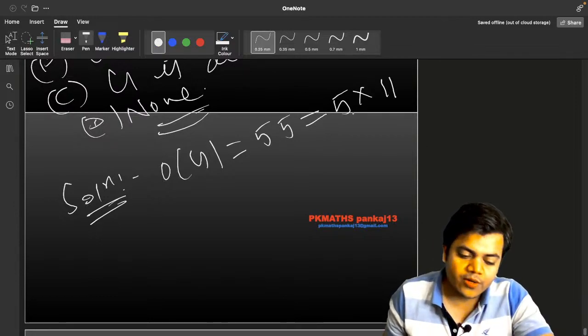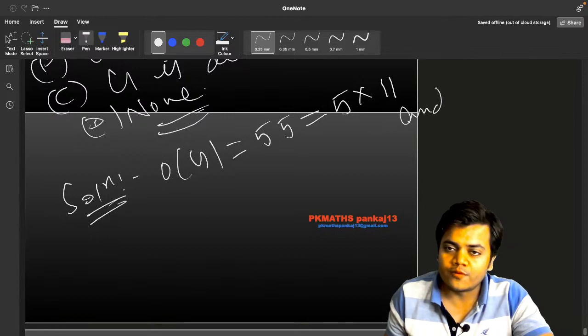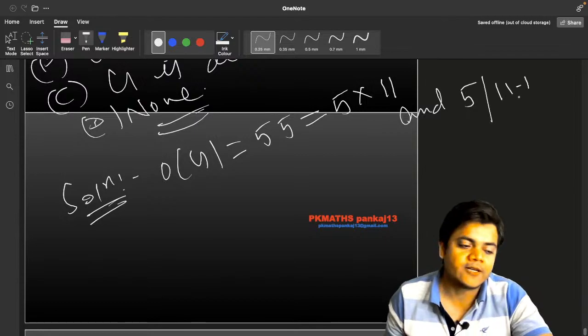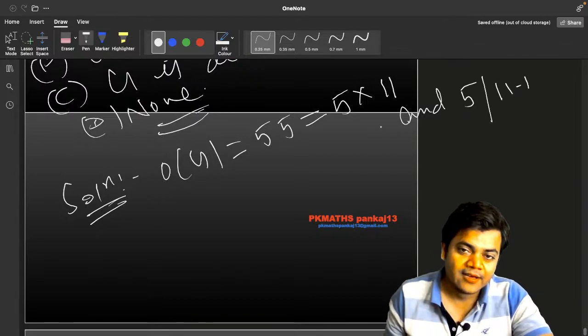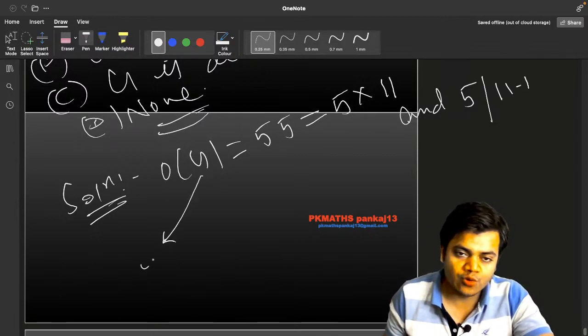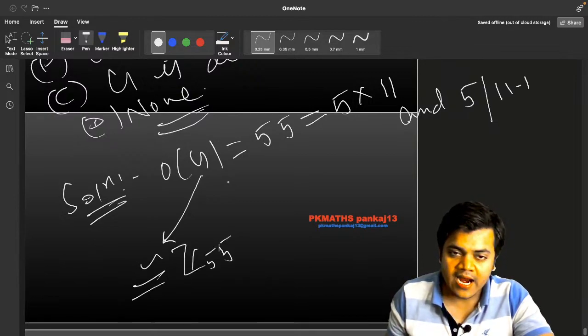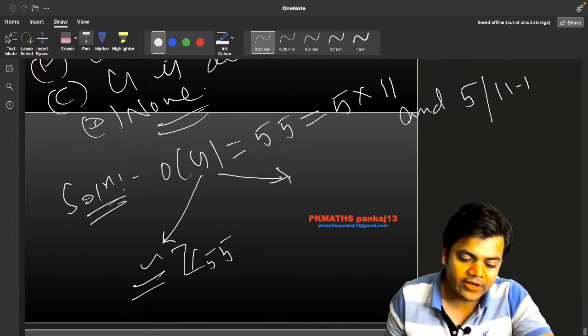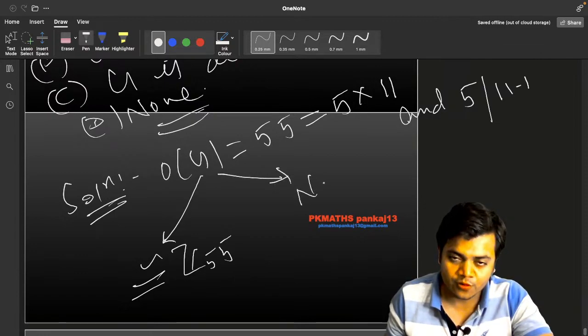So 55 can be written as 5 into 11, and we can also observe that this 5 divides 11 minus 1. So according to the previous result, we can say that this G is isomorphic to Z_55, and this G is also isomorphic to some non-abelian group of order 55 for sure.